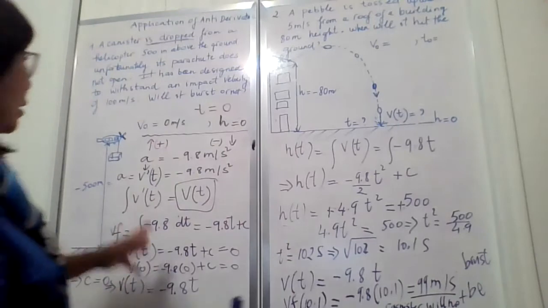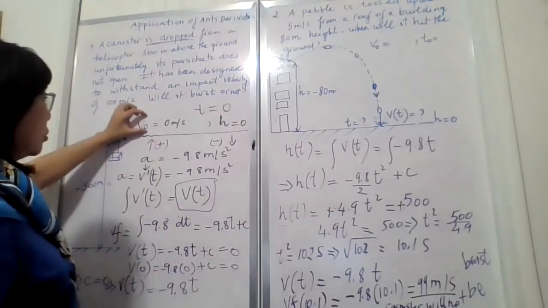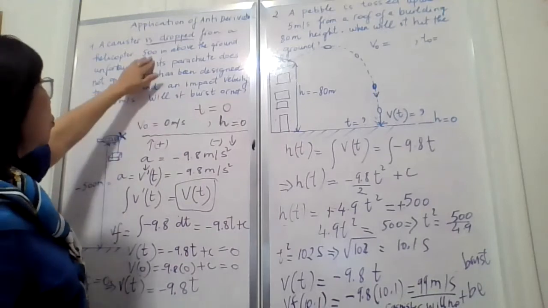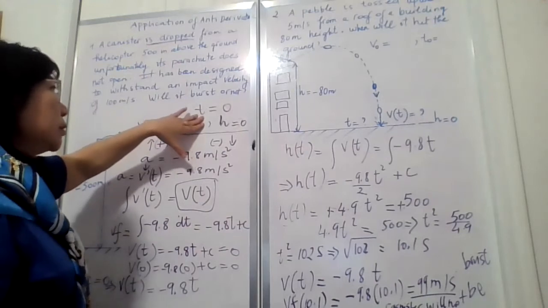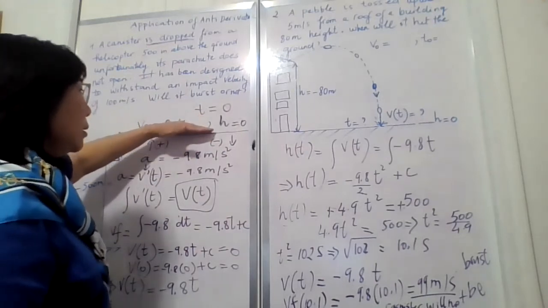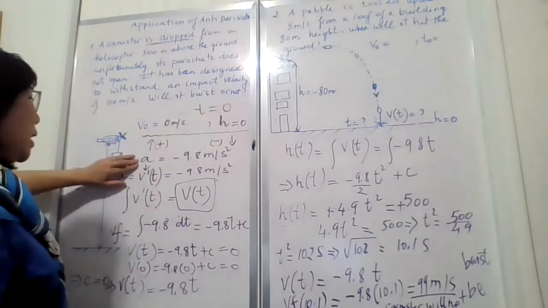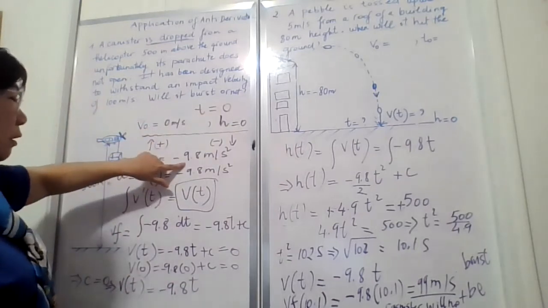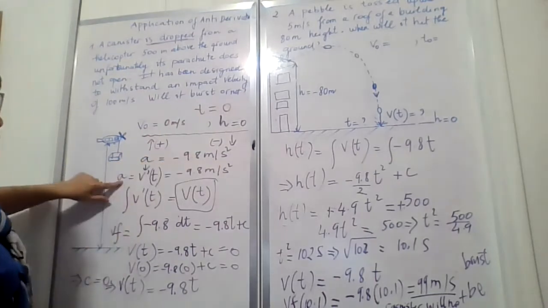So let me summarize a little bit. We have a canister with initial velocity 0 because we know it is dropped. And at time 0, at the beginning, its height is also equal to 0. Now we know the acceleration of any object falling down is minus 9.8 meters per second squared.